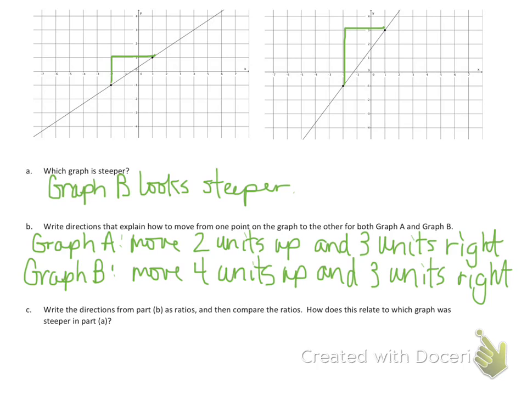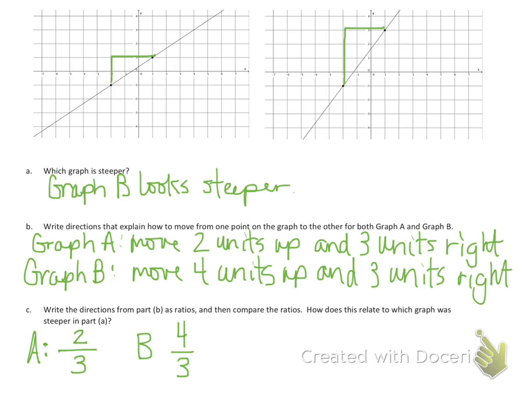So if we wrote the ratio of the units moved up or down to units over, the first one, graph A, would be 2 to 3, a ratio of 2 units up for every 3 units over. For graph B, we would have the ratio 4 units up to 3 units over.